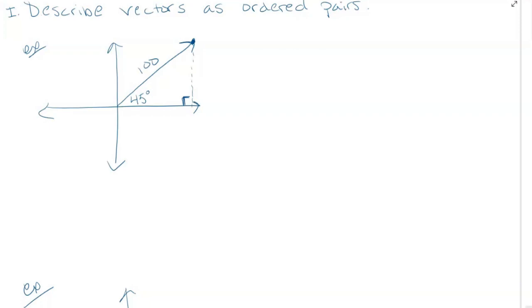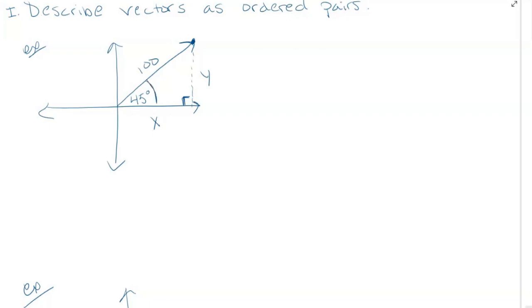Now we can use our trig functions to be able to find both the x and the y coordinate of this vector. All right, so you can, again, play around with them, decide what you want to use, but I typically grab the sine and the cosine.